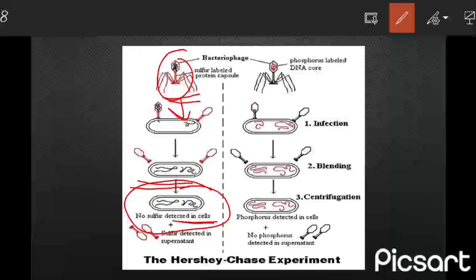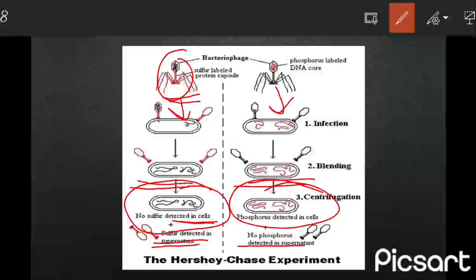The cells, that is the pellet, and the supernatant were not showing the presence of sulfur inside. But in the second, you can see the phosphorus-containing DNA was labeled with 32P. Then infection was carried out. After blending, phosphorus was detected inside the cell, because DNA is carried inside the cell.